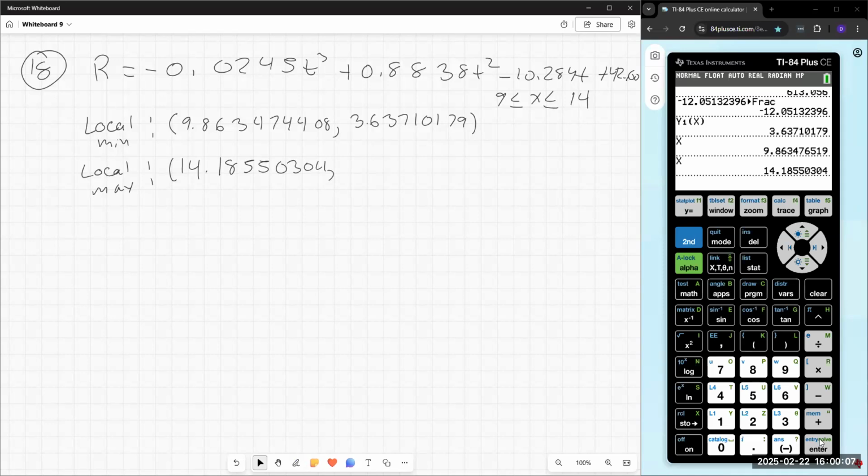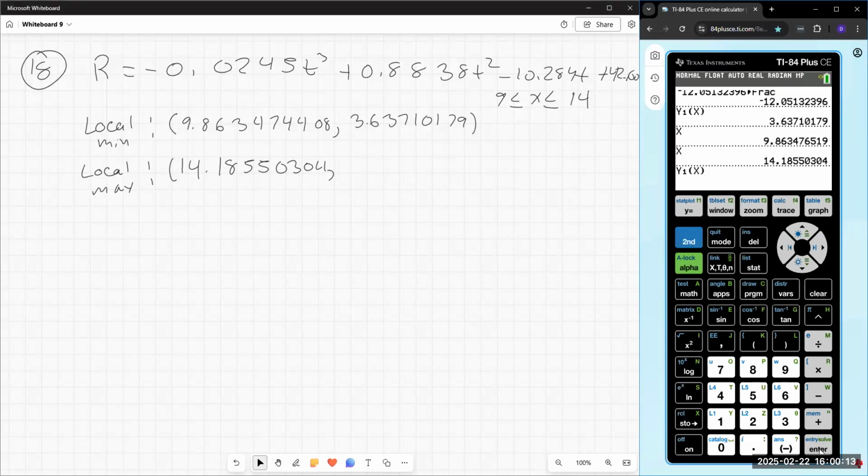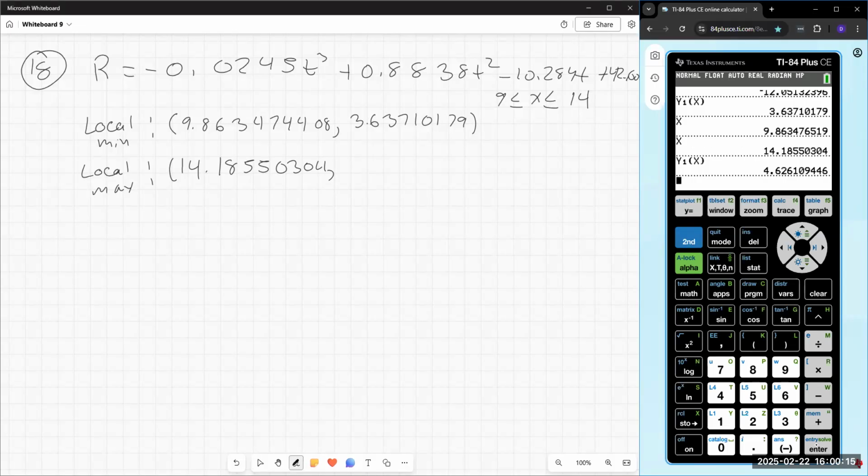And let's come back to here to say that I want to find the y value that goes with that, which is 4.626109446.